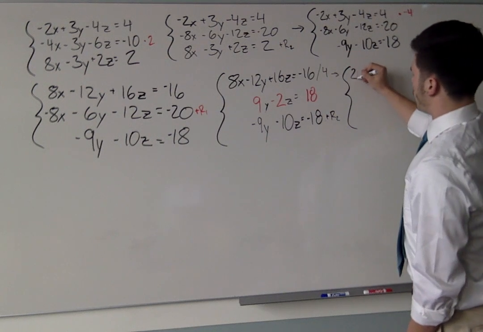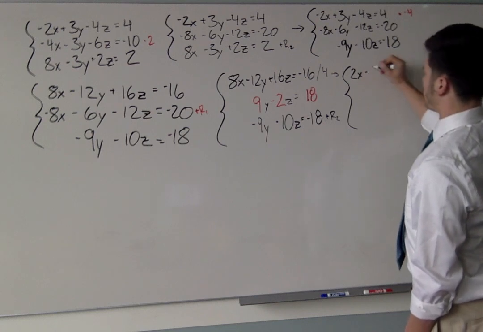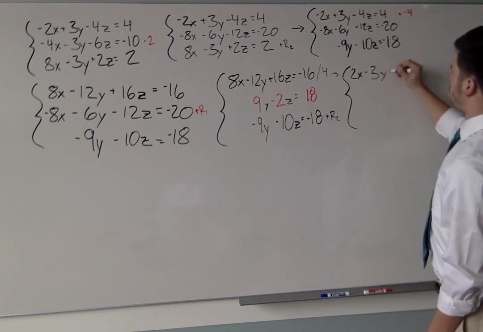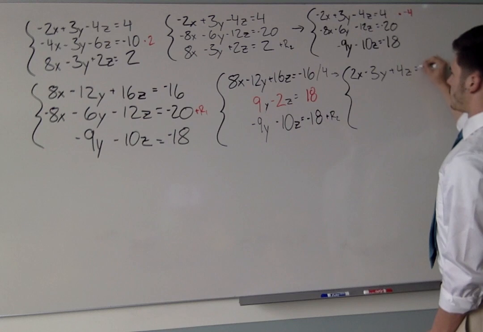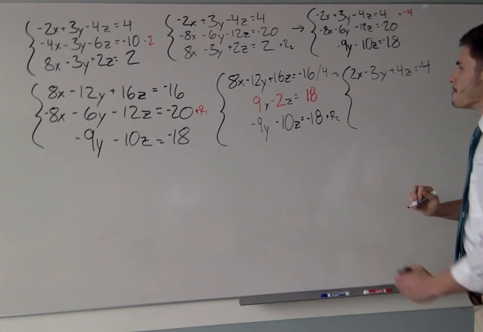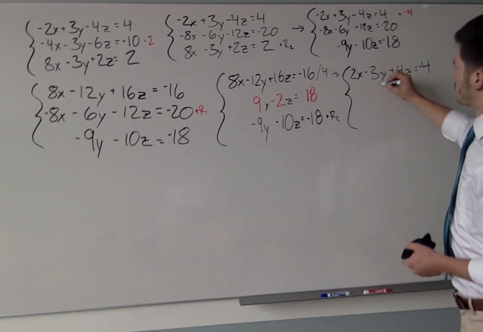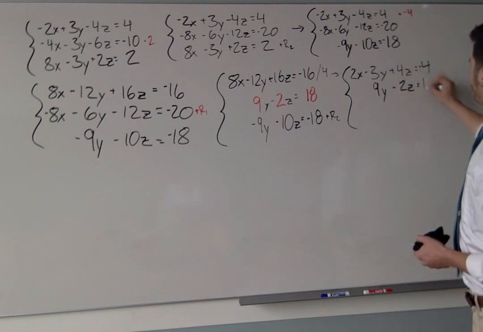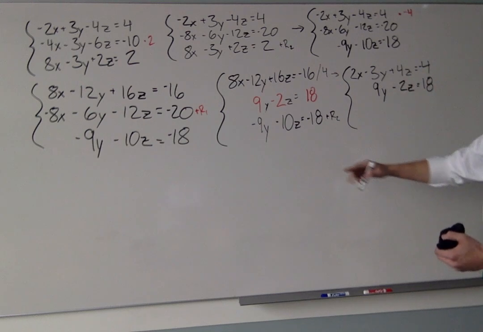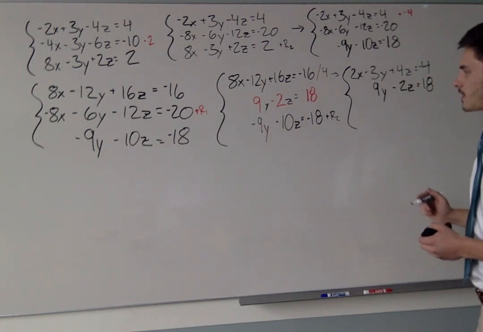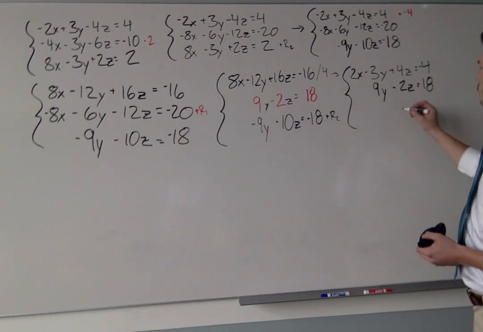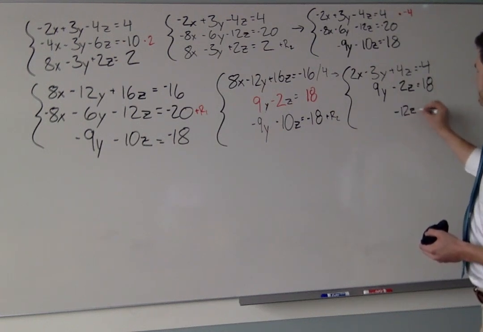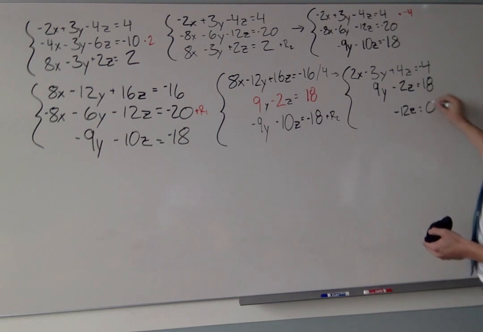So we have 2x minus 3y plus 4z equals negative 4. And the second row stays the same: 9y minus 2z equals 18. And in the bottom row, we lose the negative 9y, and we're left with negative 12z equals 0.